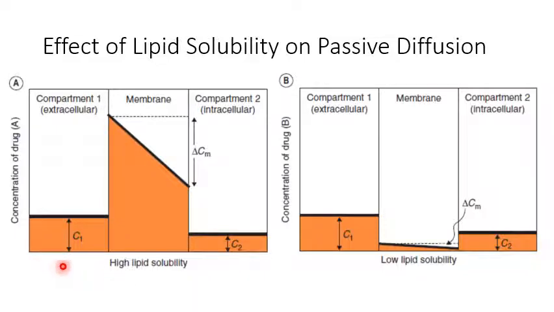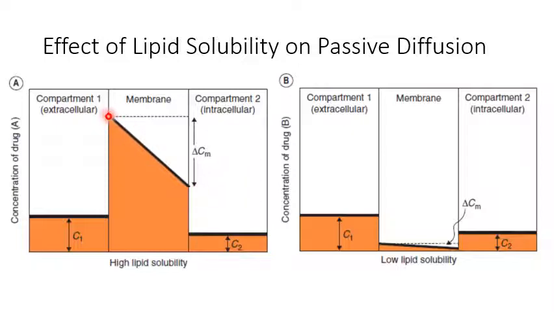For a drug in case A, when the drug has a high lipid solubility, a high concentration of the drug will pass through the phospholipid membrane, and this will make a high concentration difference between the apical side of the membrane and the basolateral side of the membrane, which is toward the blood.